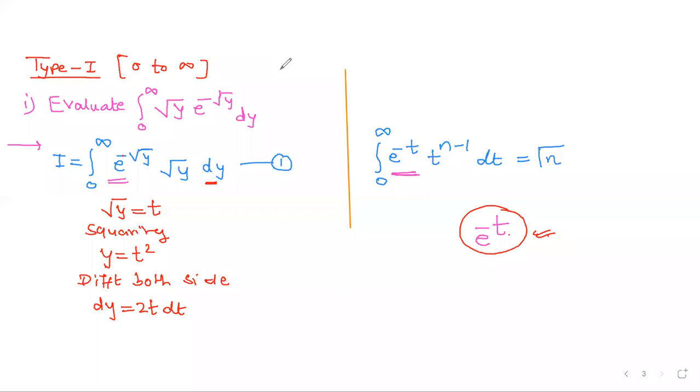So at the place of dy you will put this total 2t dt. y की जगह पे रख देंगे आप t square और रूट y की जगह पे रख देंगे आप t.